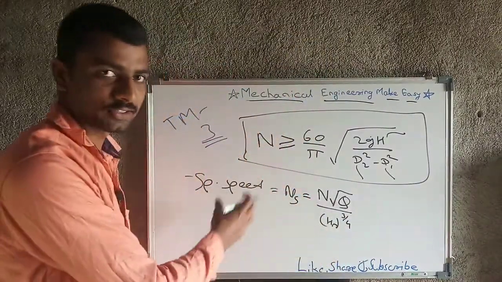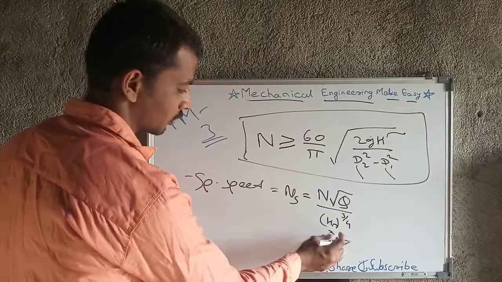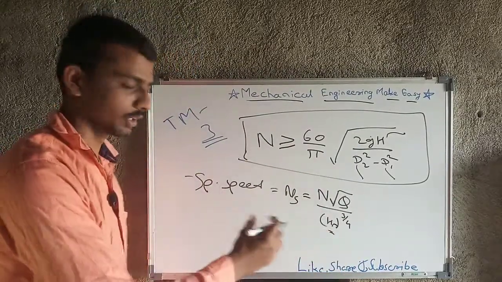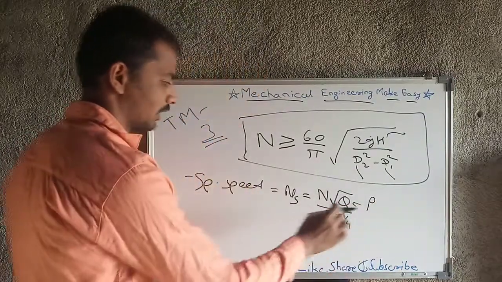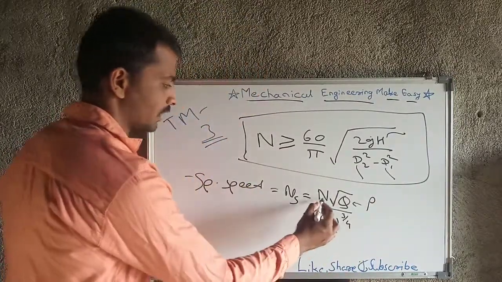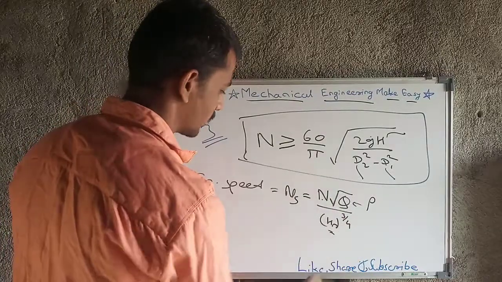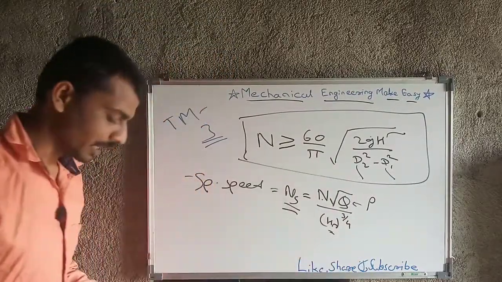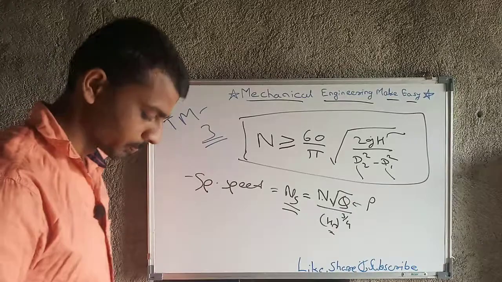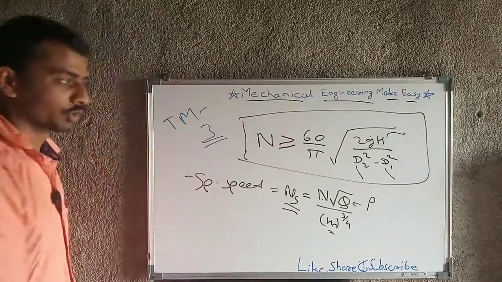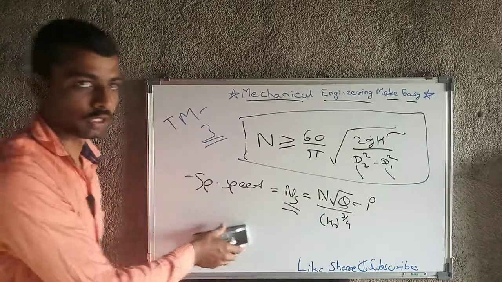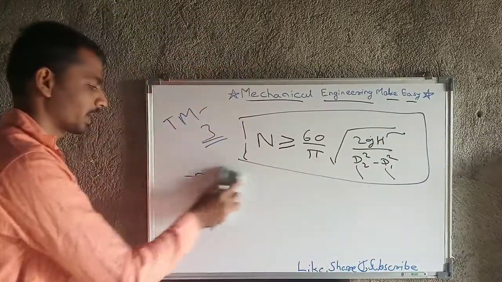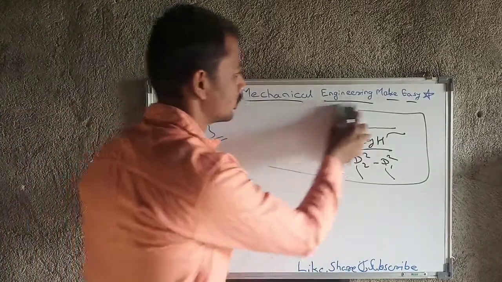In the Francis turbine there was the head only, not the manometric head, and the power was there, and now here the discharge is. So N under root Q upon Hm raised to 3 by 4 is the formula for Ns, the specific speed. Note down all the formulas I have taken in my sessions.